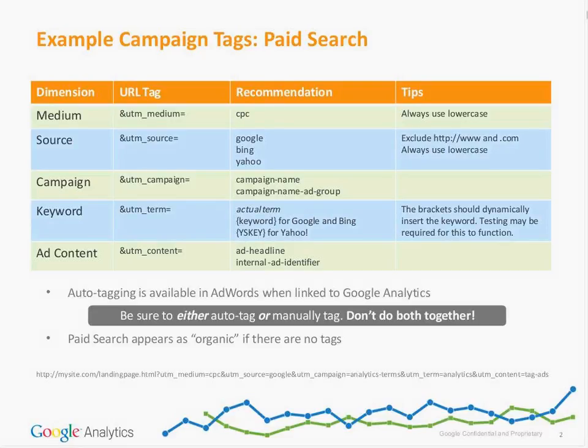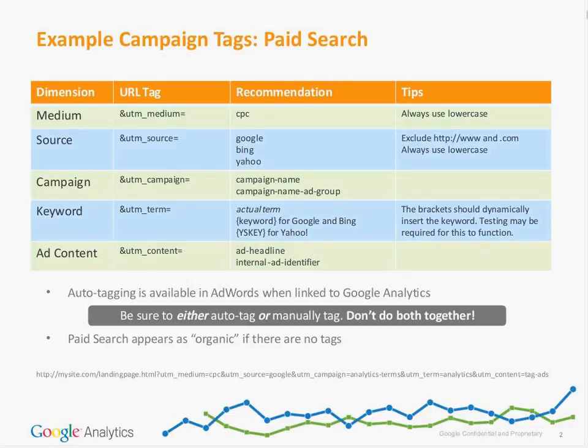Make sure that you either set the actual keyword or that you use dynamic bracketed keyword insertion, as you can see here. It's up to you as to what you set for campaign and ad content. Obviously, the campaign name, as it's reflected in the search engine, can be helpful.